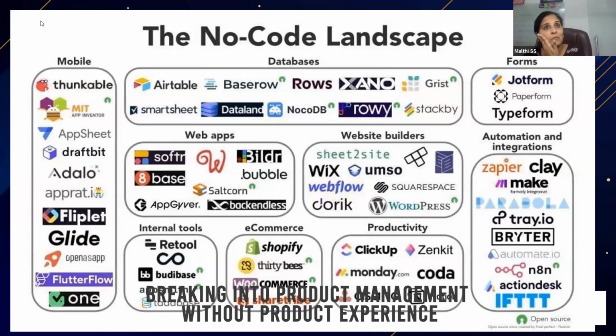There was a time when, I don't know how many of you heard about this Dropbox MVP or the Zappos MVP, where they just created a static web page, or they created just a video in order to understand if the customers would really use it.